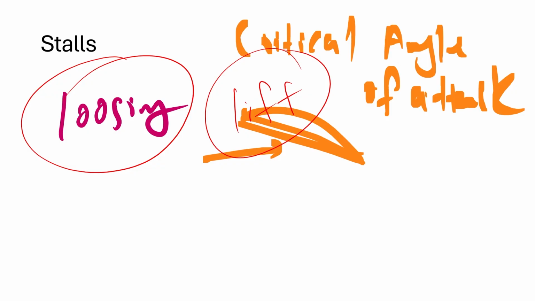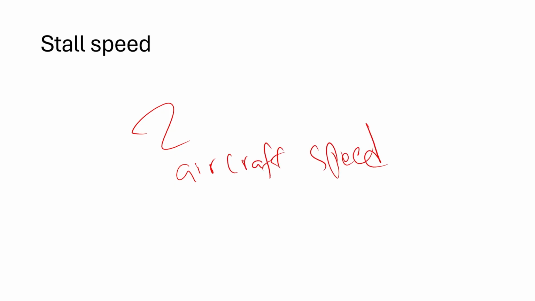And also we have something called the stall speed. Yeah, stall speed. The stall speed is the minimum speed that we need to maintain before the aircraft will fall out of the sky. So you have to know that we have to maintain the stall speed, right? Always the aircraft speed should be greater than the stall speed.